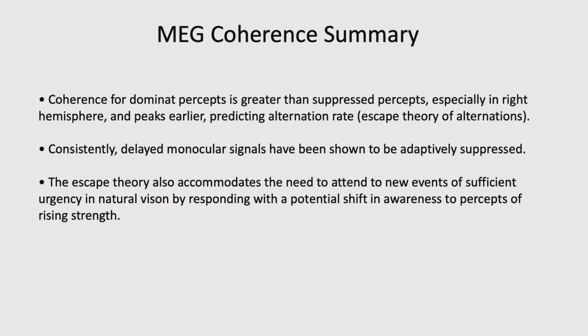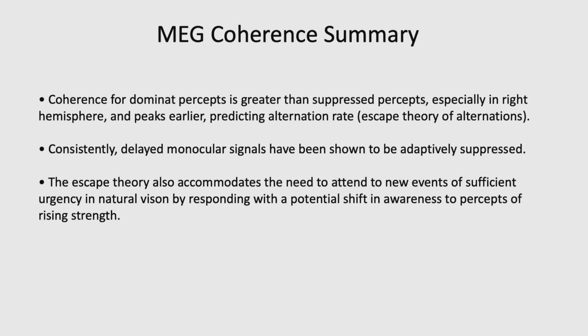Okay, so just an interim summary here. We just talked about how the dominant coherence peaks earlier, which is consistent with the escape theory. And there are other examples in vision science where we see that delayed monocular signals may be adaptively suppressed, or maybe delayed signals in general might be adaptively suppressed.